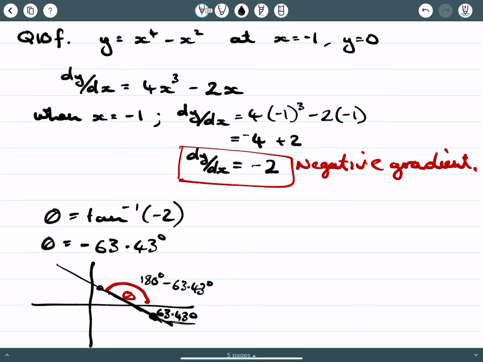Obviously you take away this angle and you're going to be left over with the angle. So we're going to say that the angle actually equals 180 minus 63.43 degrees, and the angle here is 116.56 degrees.